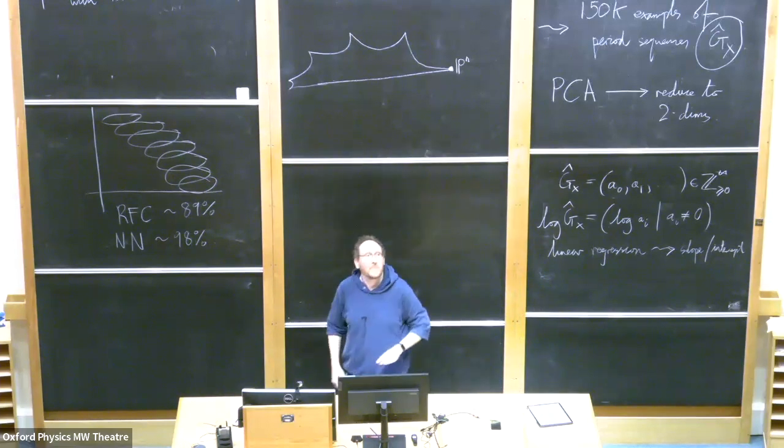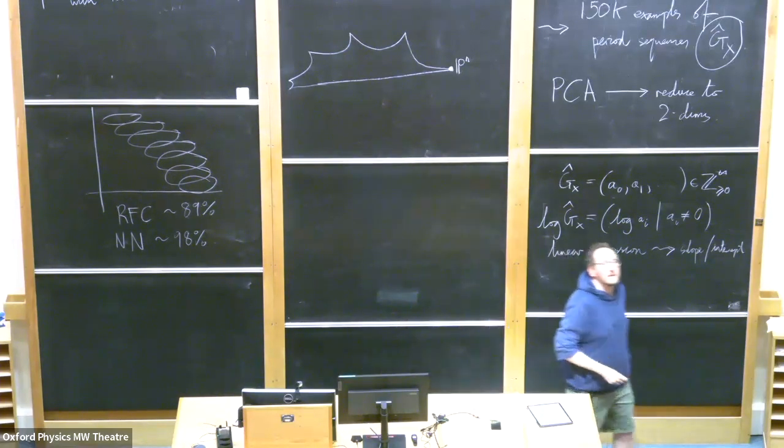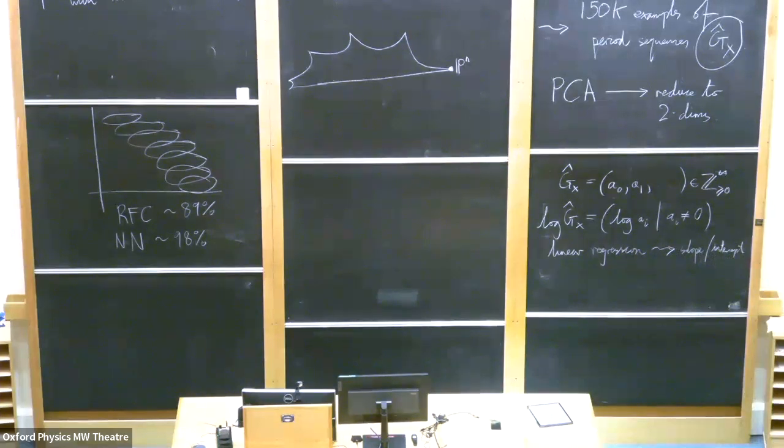In this case, the explained variance for the PCA for the first 2 components is still 100%? Yeah, pretty much. I can't remember exactly what it is.